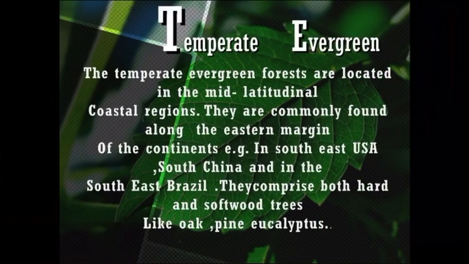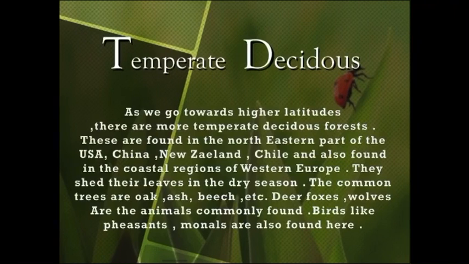The next is the temperate deciduous forests. The temperate deciduous forests are found in the cool, temperate regions in the higher latitudes where the rainfall is about 75 centimeters. The main regions are northeastern parts of USA, northeastern China, western Europe, southeastern Chile, etc. The trees are mostly of moderate height but have thick trunks and broad leaves.